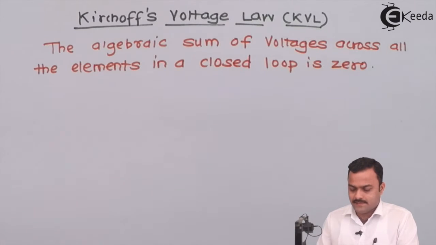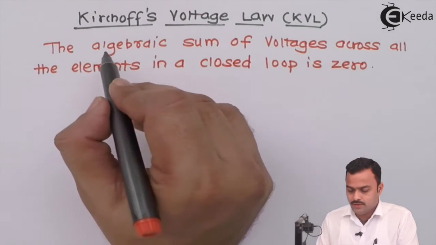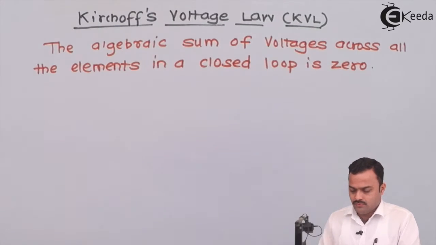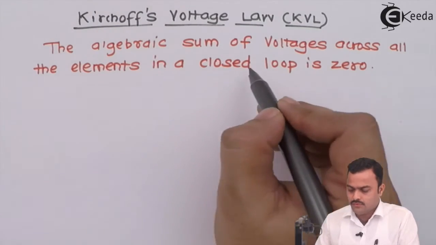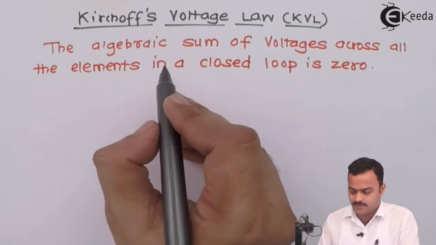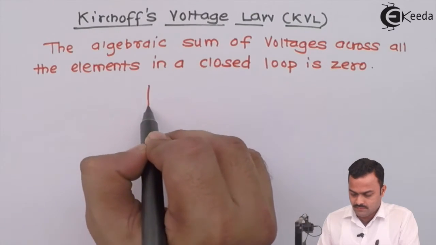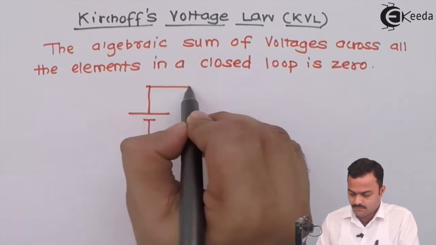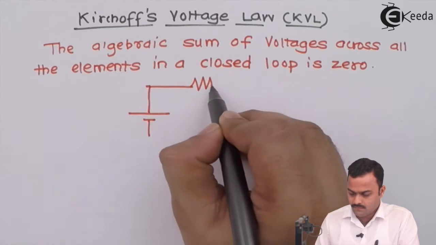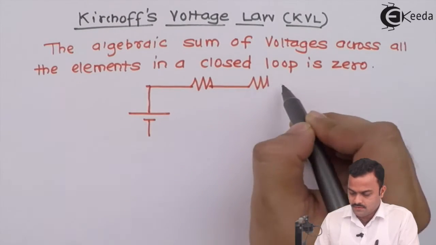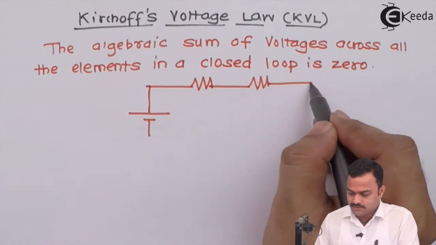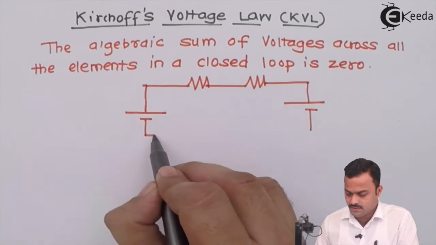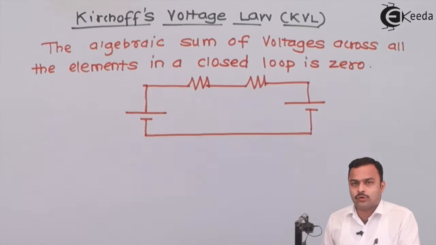Once again, there is a concept which requires us to interpret the word algebraic. So let's draw a simple closed loop having some elements present in it. I have a voltage source, and some resistors connected in series with another voltage source, and the circuit is closed.